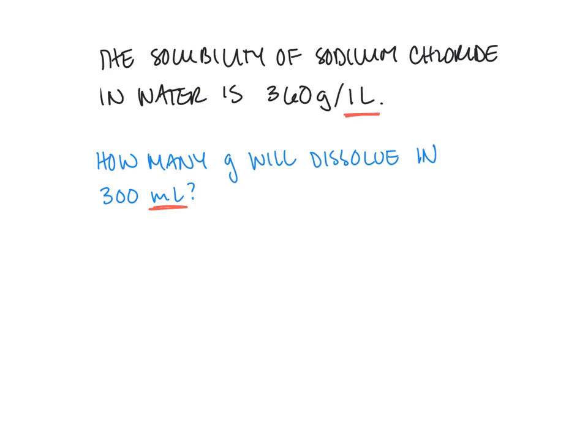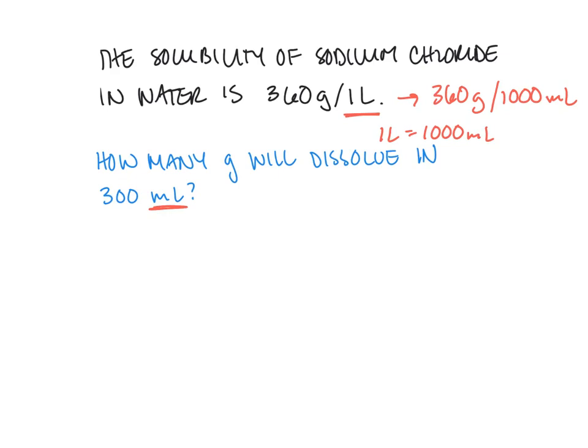My question is asking about milliliters, so I need to make sure that those are the same. So I'm just going to rewrite this as 360 grams per 1,000 milliliters, and that's just because 1 liter equals 1,000 milliliters. I'm just writing it differently. I don't have to actually divide those numbers. I'm just writing it so that my units match.